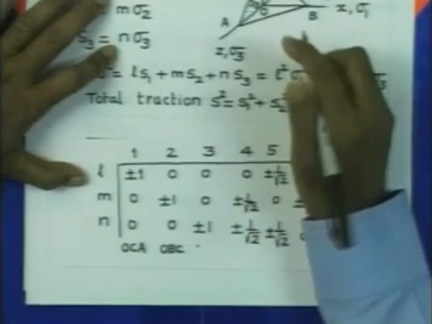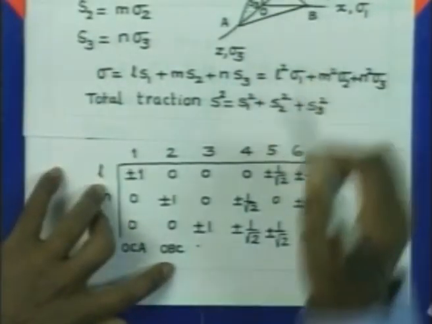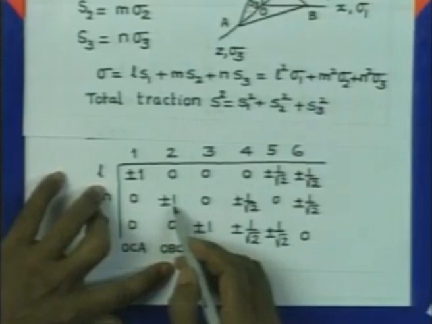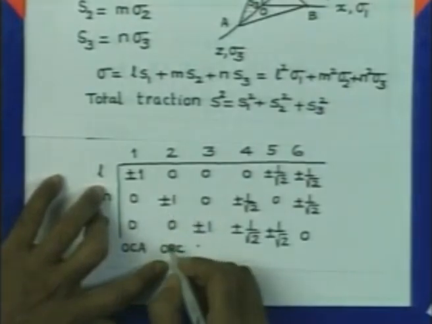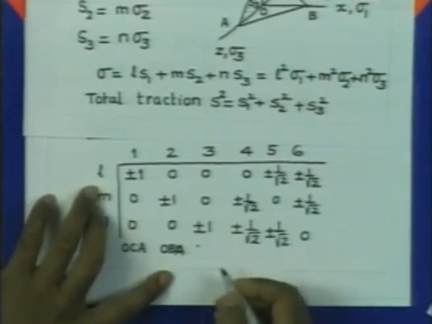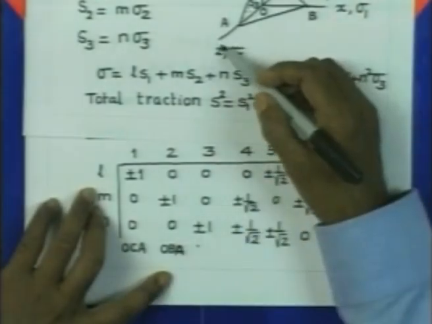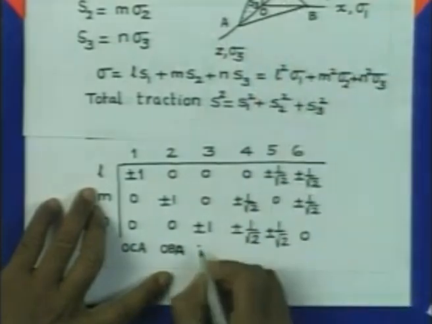I am sorry, it should be that this plane is OCA, and this plane which is making an angle of 0 with sigma 2 should be OAB, I am sorry, or OBA. So, this is the plane OBA, and this is the plane which is making an angle of 0 degree with the direction 3. Therefore, this is nothing but the plane OBC.